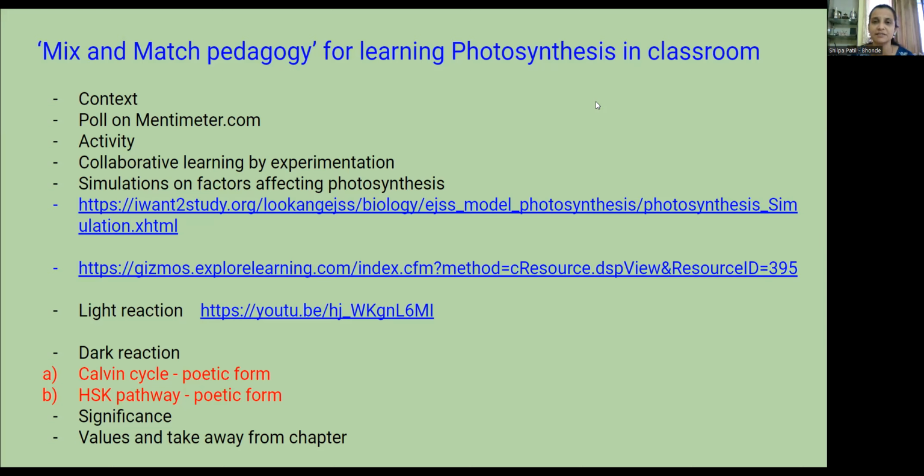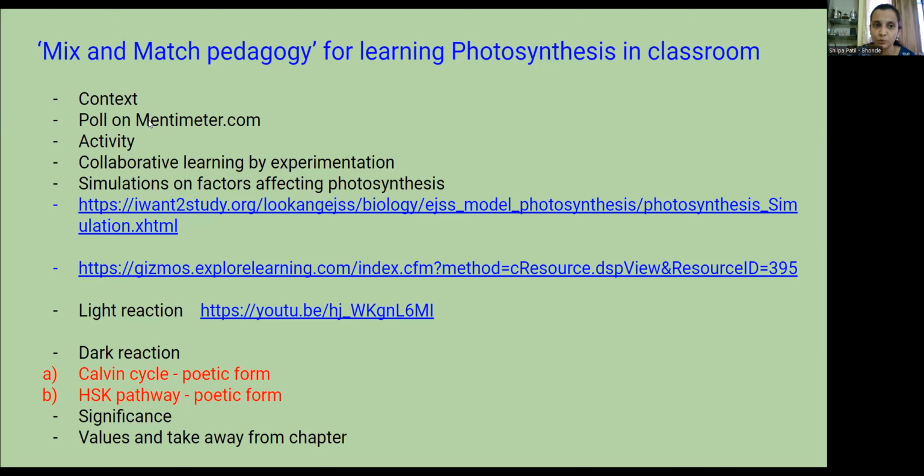Here I have taken the example of the topic photosynthesis. For this chapter, we can start with context. At the beginning, we create a context.